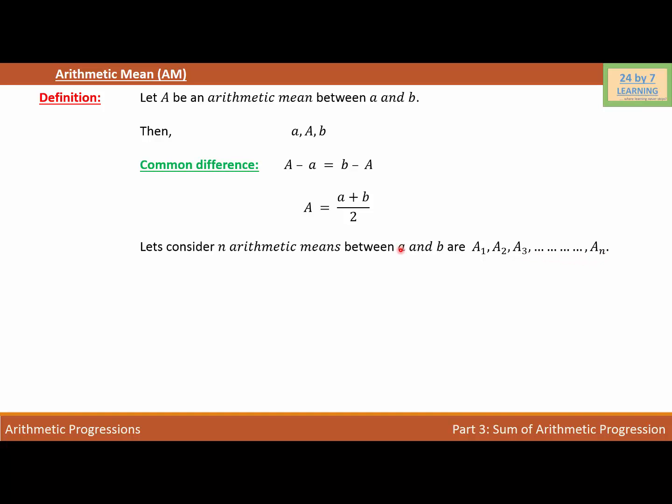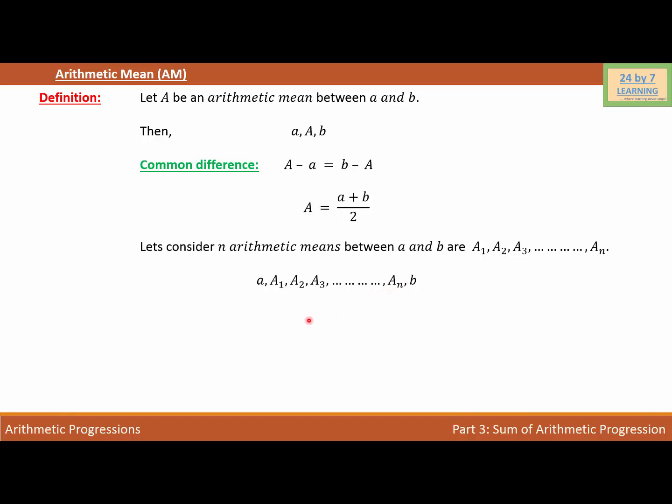If we have n arithmetic means between small a and small b, we will write a, A1, A2, A3, up to An, b, where the capital A's are the arithmetic means and small a and small b are the two numbers between which we have these arithmetic means. So the total number of terms in this sequence is n arithmetic means plus my first term and the last term. So we have n plus 2 terms in this sequence.